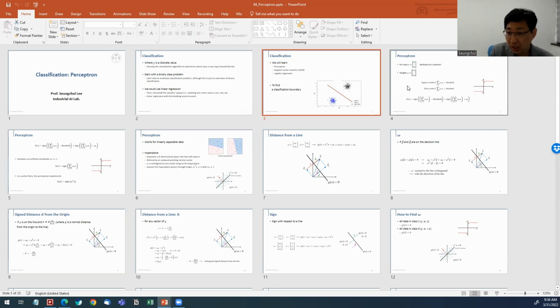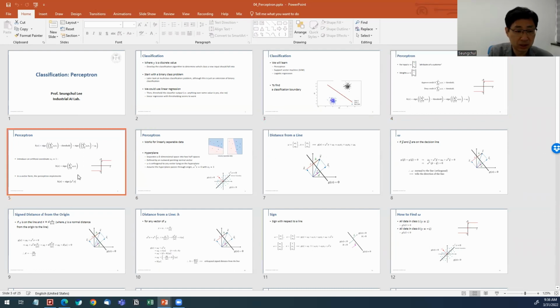Using that example, we derived omega transpose X and sign function, giving positive and negative values. Based on those calculations, we're going to decide whether to approve or deny the credit. This is the modeling part. Now we have to find the omegas given a data set.